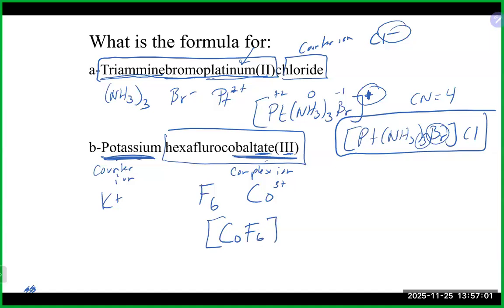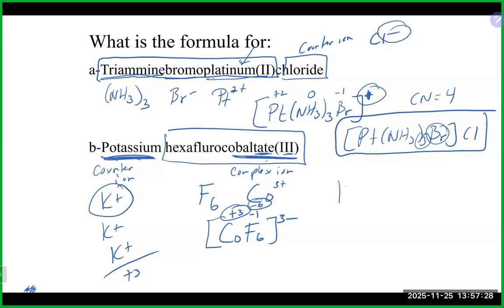So again, if we build our complex ion part, we have a cobalt with 6 fluorides. This guy being +3, each fluoride is -1. There's 6 of them, which is -6. And +3 means that our complex ion in this case is carrying a -3 charge. That means in the case of our counter ion, we don't need 1, we don't need 2, but we actually need 3 of them to balance it out.